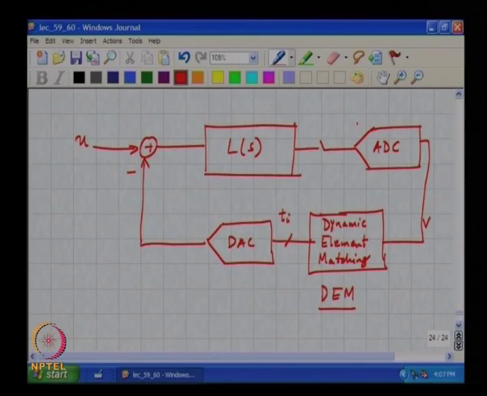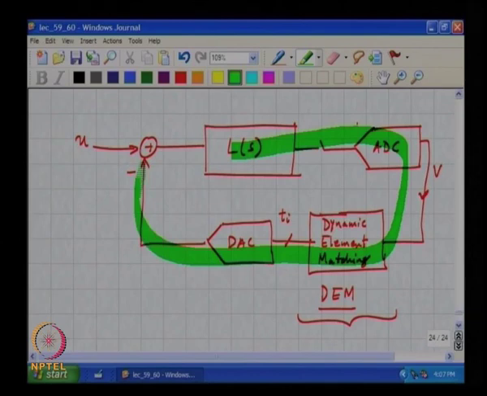Now, this is combinational logic which therefore has the penalty that the logic will add delay, correct. So DEM will cause excess loop delay.